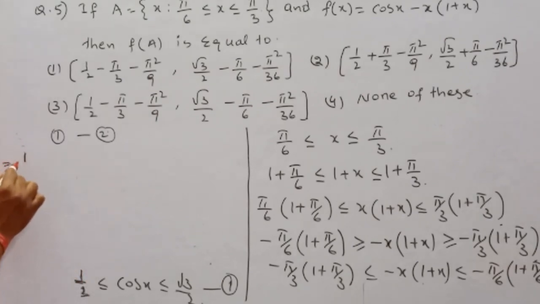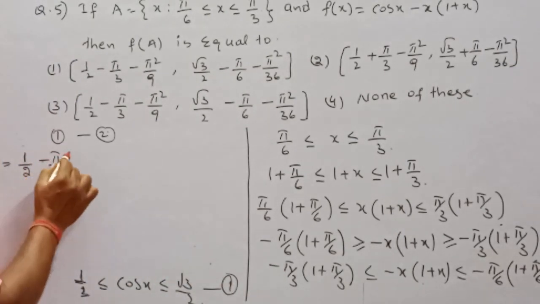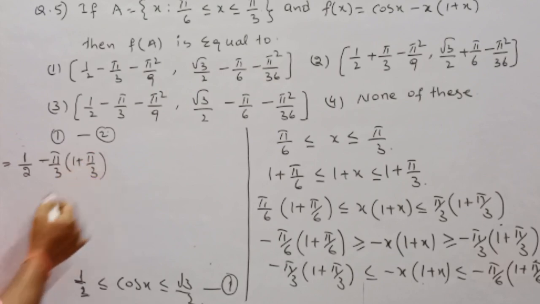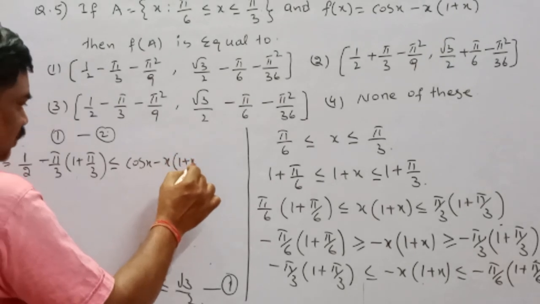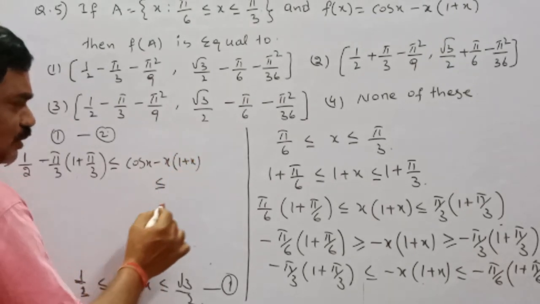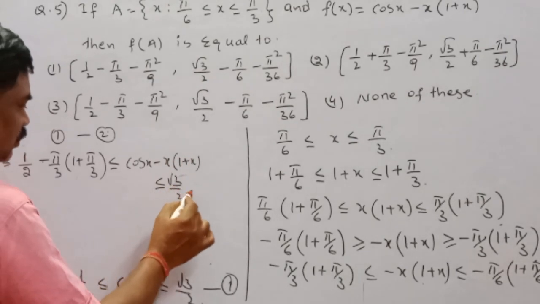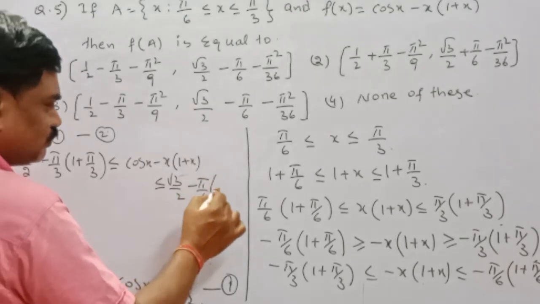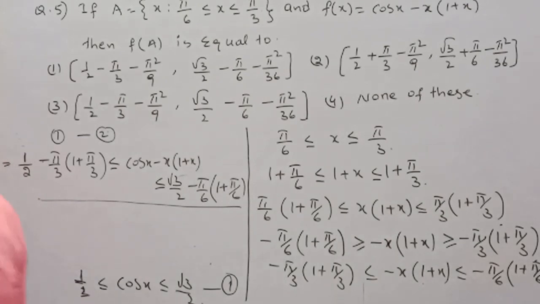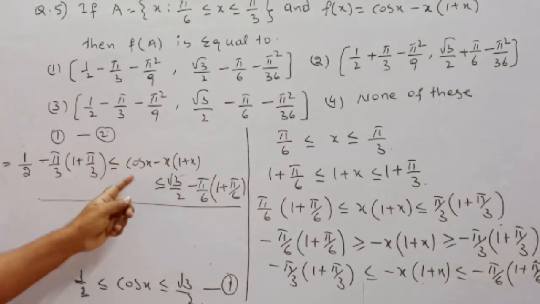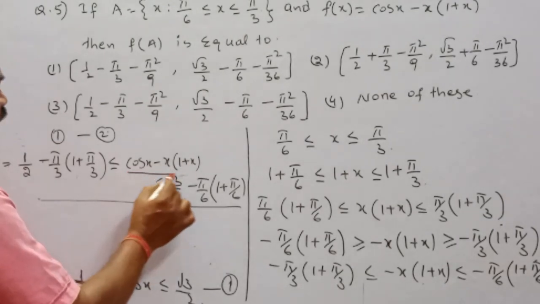Equation 1: 1 by 2 minus pi by 3 of 1 plus pi by 3 is less than or equal to cos x minus x(1 plus x) less than or equal to root 3 by 2 minus pi by 6 of 1 plus pi by 6. This is the range of this function cos x minus x(1 plus x). This is the f of A.